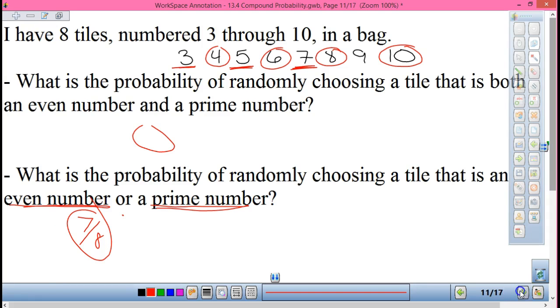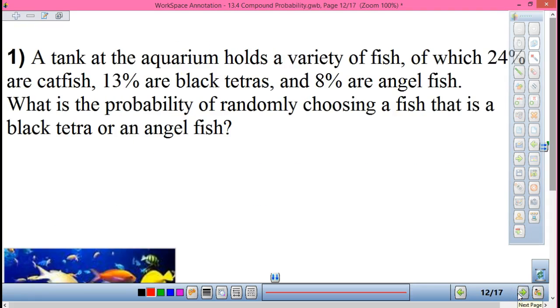Kind of scared for this next part. All right, we've got a tank of fish, 24% are catfish, 13% black tetras, 8% angelfish. Fish that is black tetra or angelfish.